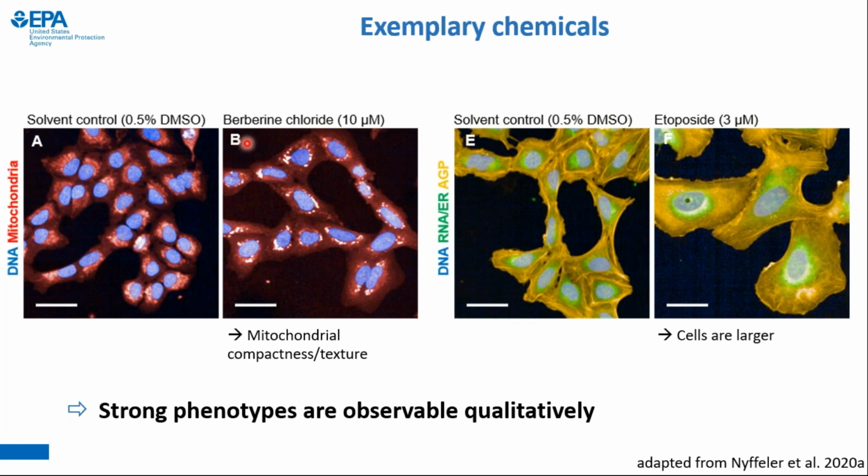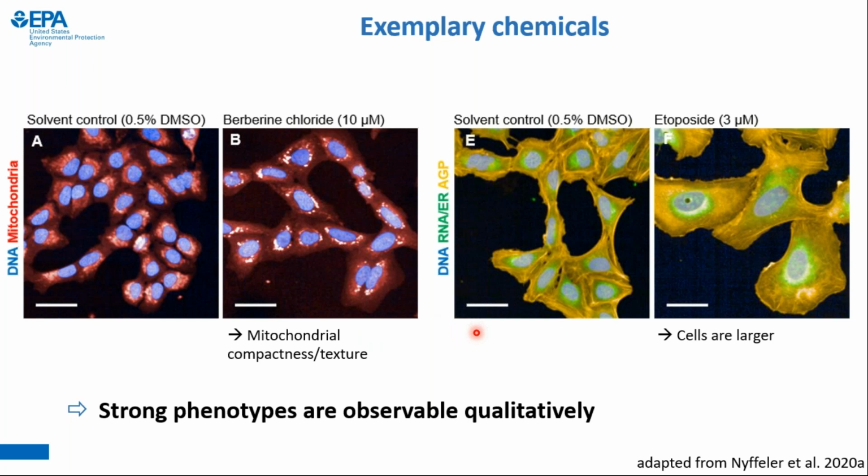And then in panel B, you can see cells that are treated with berberine chloride. And you can see that the mitochondrial staining is different. It's displayed here in white, which means just a high intensity, and it's more granular. So we refer to that as a change in mitochondrial compactness or texture.